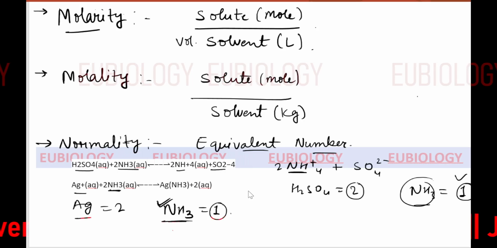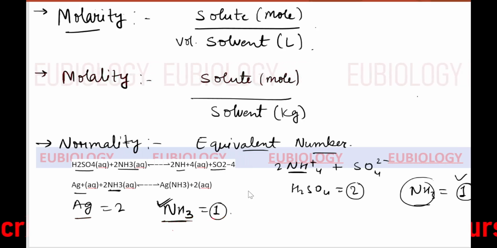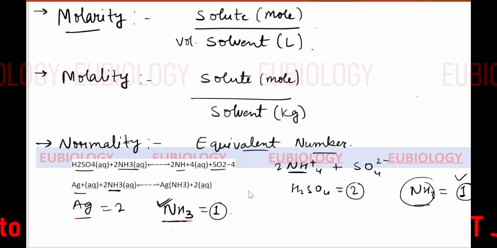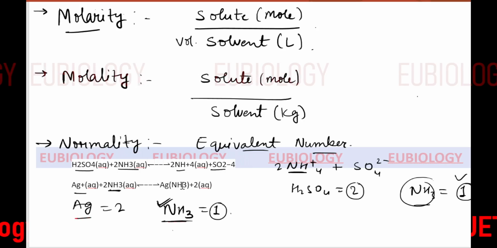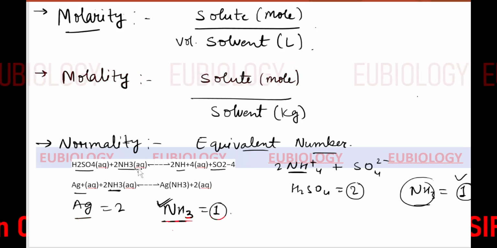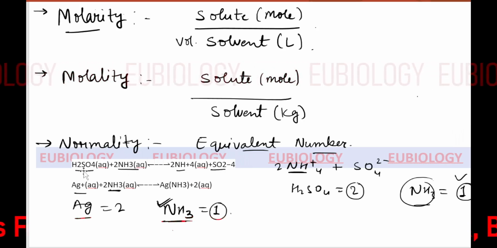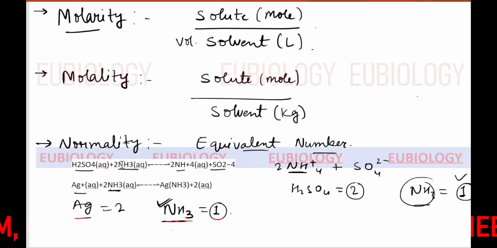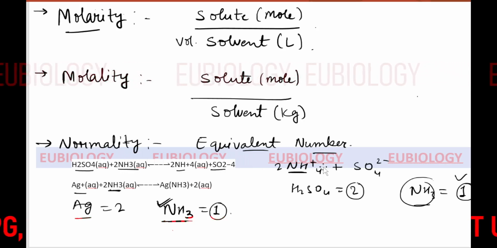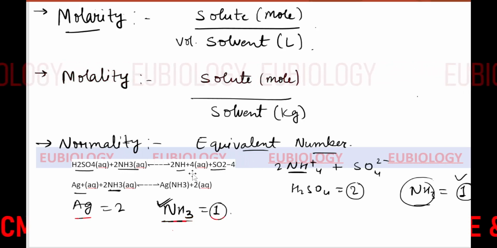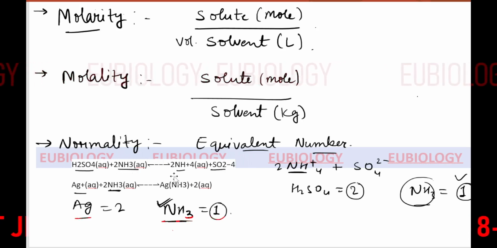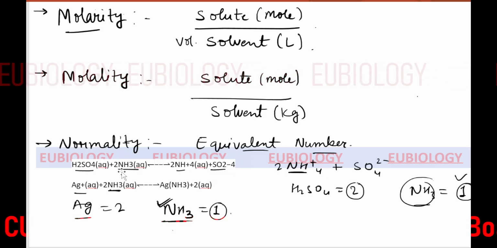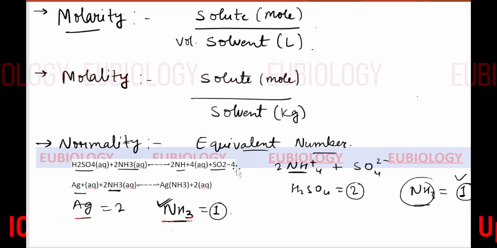In the same way, you have to compare arrows to molecules. In this formula I can show you, there is one H2SO4 and there are two molecules of NH3. So two NH3 are involved in the solution to complete this reaction.